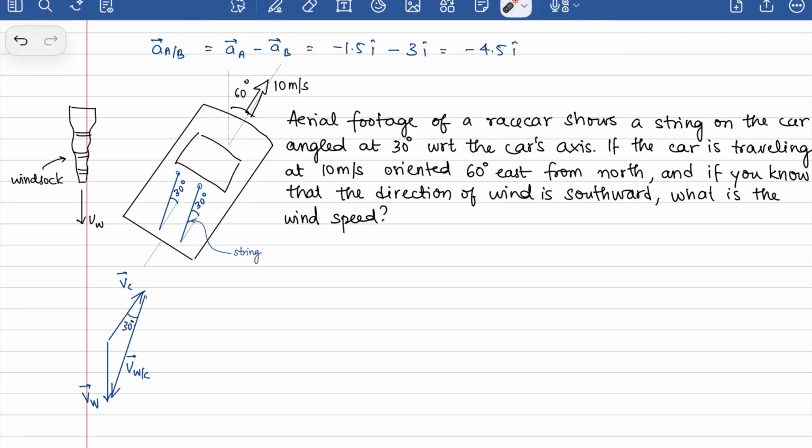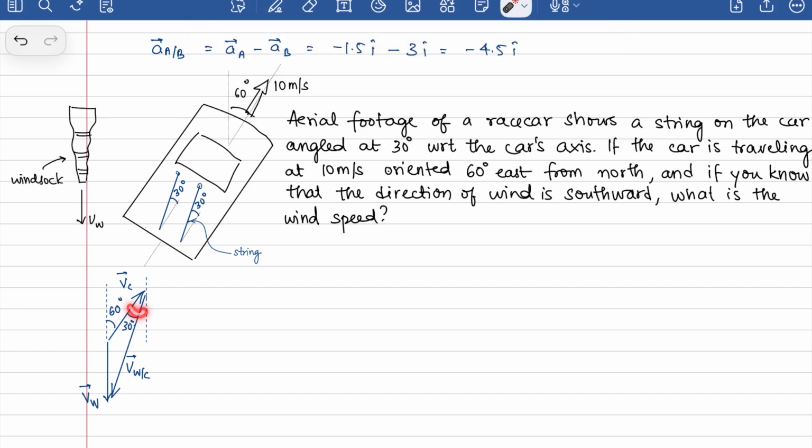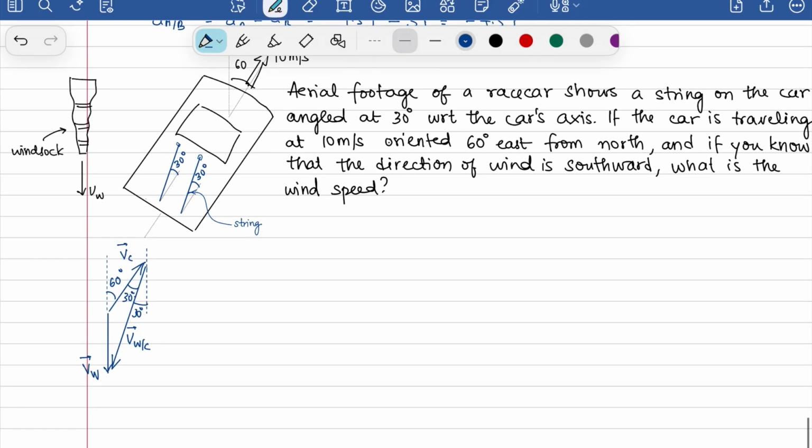It's between the direction of the car motion and the string here, which is 30 degrees. But the fact is that the car is at an angle of 60 degrees with respect to the north. So this here is 60 degrees, which essentially means that this here is also 60 degrees, which is how you get that this here is 30 degrees.